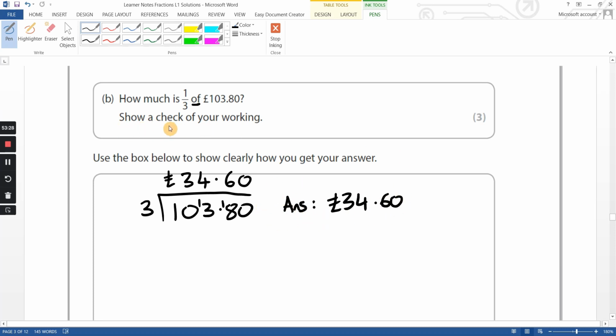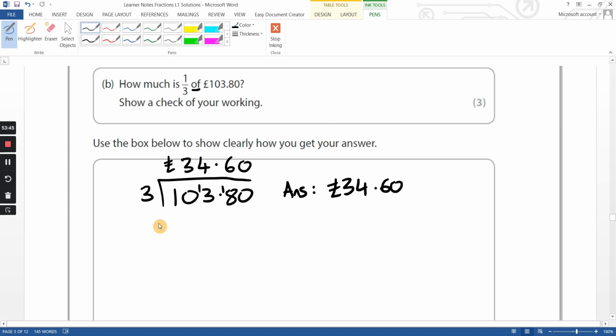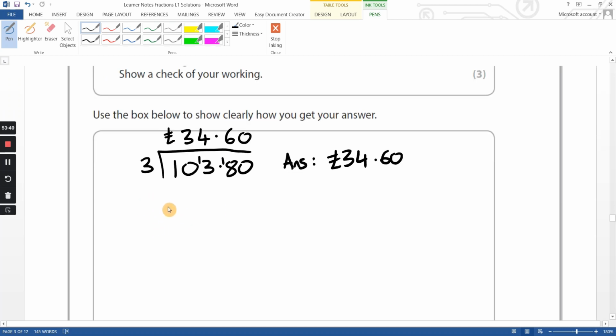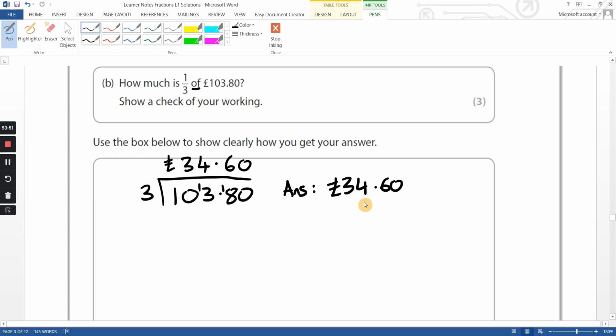Yeah, we've only got 2 marks so far. The third mark is for this bit where it says show a check of your working. For that, you have to work backwards. So it's a bit weird, but you just have to do a reverse calculation. So this is my check. Let's just tell the person marking it, 34.60, and the opposite of divide by 3 is multiply by 3.